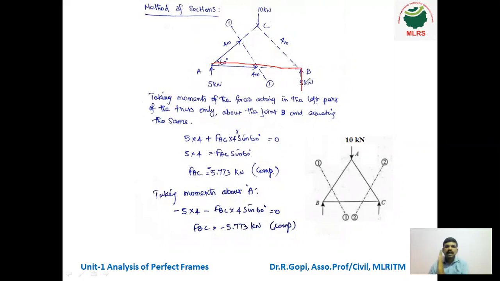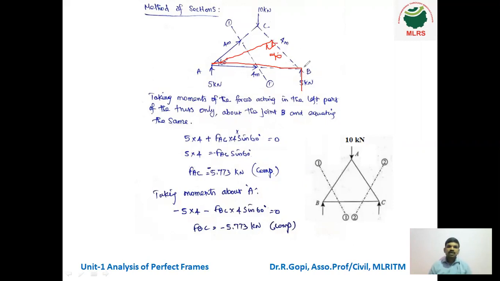Since it is anti-clockwise, minus 5 into 4, minus FAB into 4 into sine 60. We need to calculate this perpendicular distance, this 90 degree, as we calculated previously for FAC. So this is FAB.